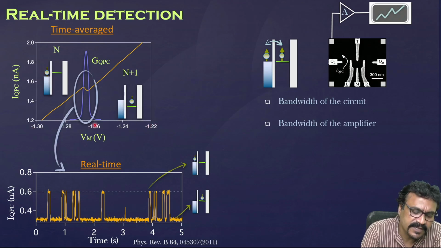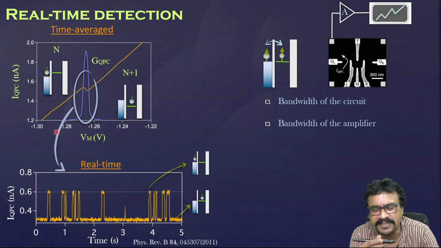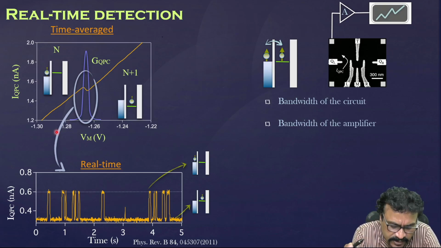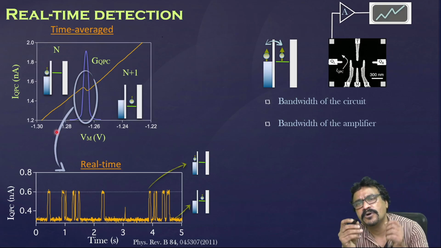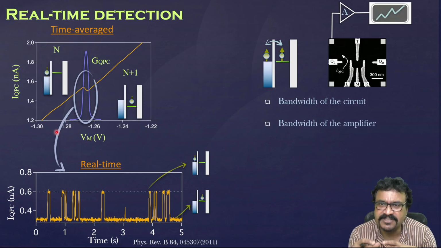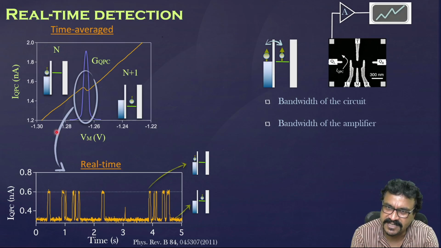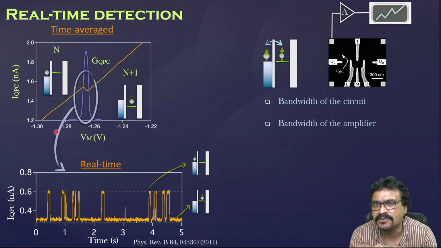You are sweeping the gate at a slow rate, and at some point the electron has gone out. But you have no information on the time scales: how long the electron stayed inside, or how fast it tunneled out.